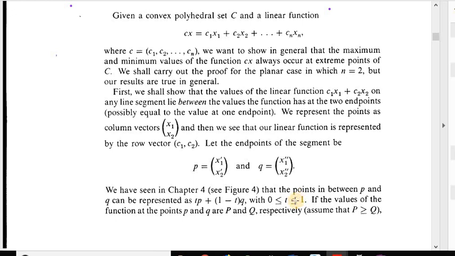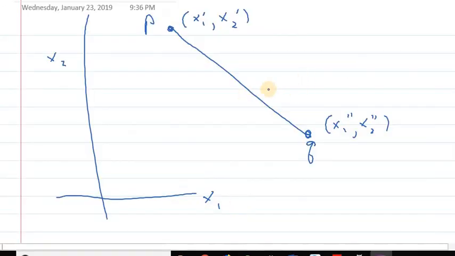You can see that by setting T equal to 1. If T equals 1, then this expression gives me P. If T equals 0, then this expression gives me Q. And everything else is a linear combination of P and Q, which means that it's on a straight line. Okay. So any point in the middle here is going to be TP plus 1 minus T times Q.